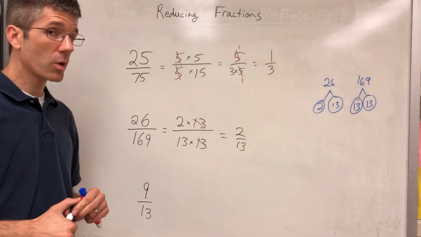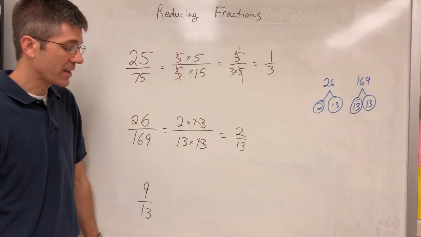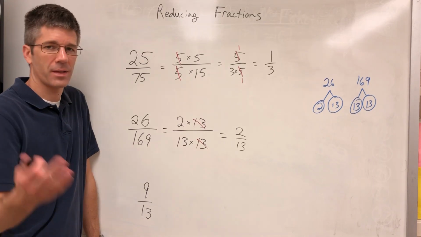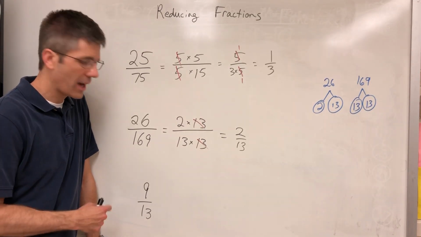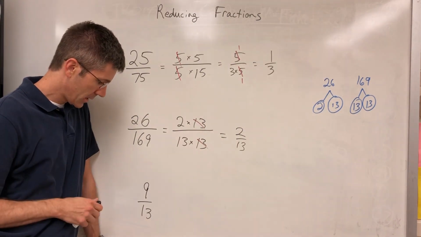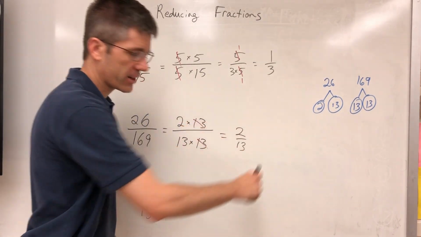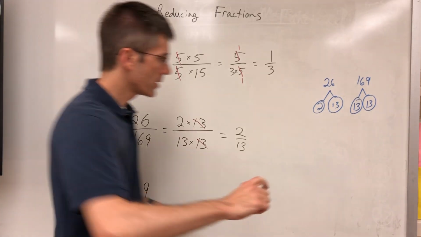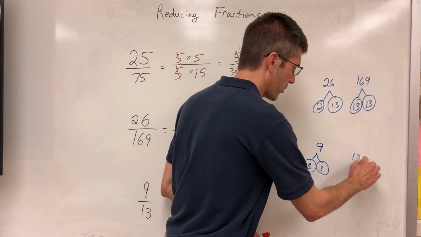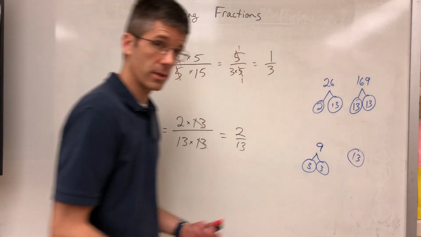Okay, last one. I hope you're thinking what I'm thinking. I think so, brain. That's a Pinky and the Brain reference. Okay, so 9 over 13, and I want to know, let's see. Now, if I was to do my little factor tree, and I will, briefly, I'd have 3 and 3, and then I'd have 13, and it doesn't factor, it is prime.